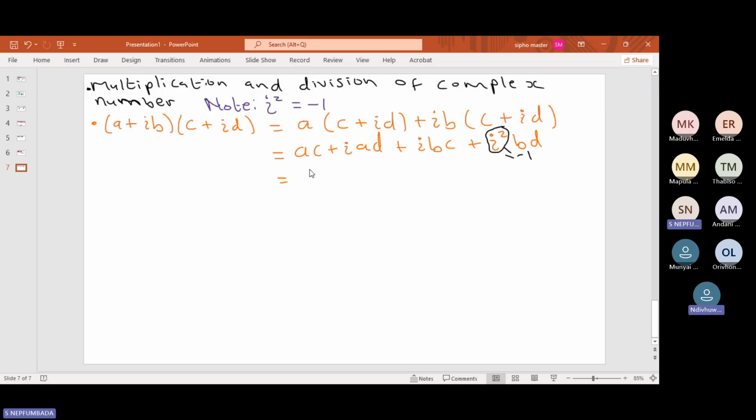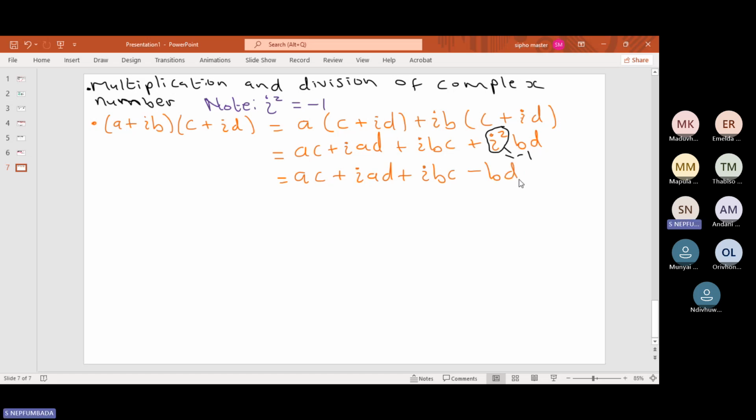So we substitute minus 1. It means we've got ac plus iad plus ibc minus bd.